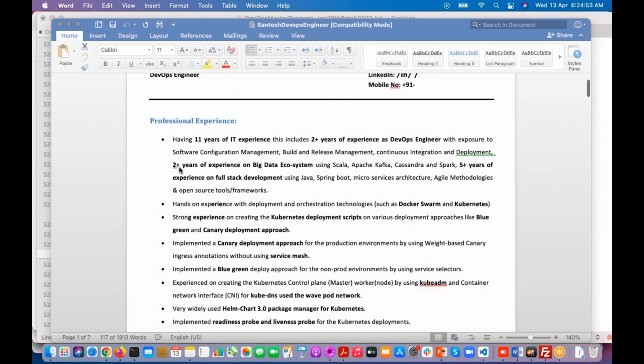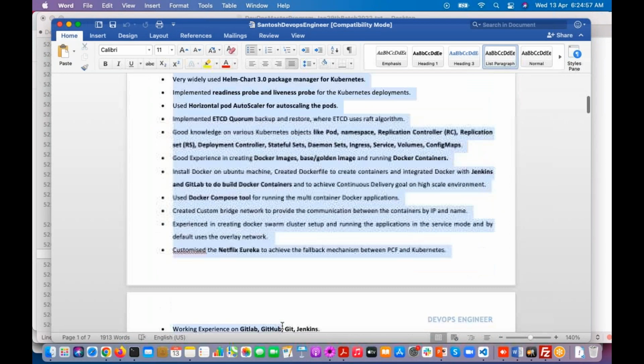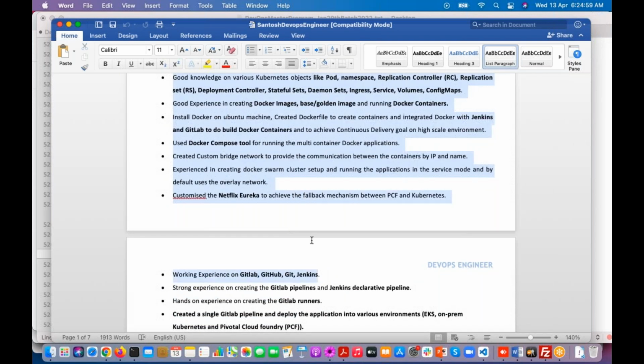Suppose you have 3 years of experience, at minimum you have to keep 1 page covering the professional experience summary, which tools, and for each tool what your role and responsibility was, what you worked on. You have to mention that.